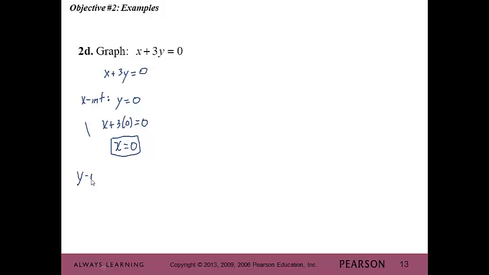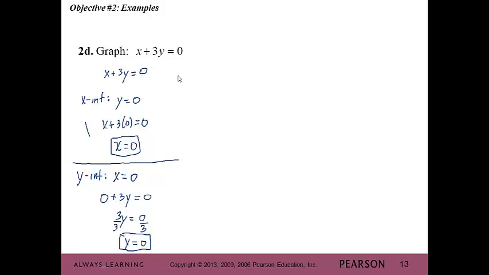Then we're going to find the y-intercept. And we know that means x equals 0. So we have y equals 0, which means they have the same point as their intercept, which is the origin.